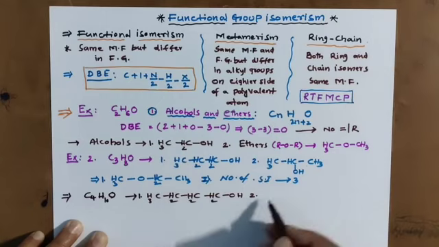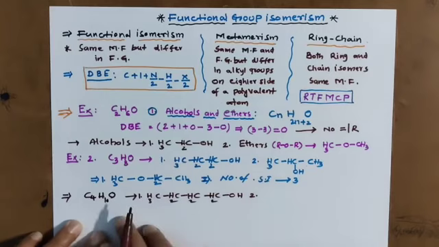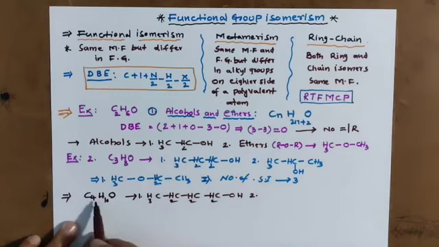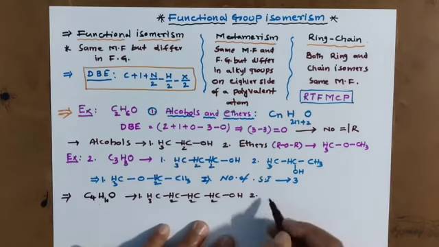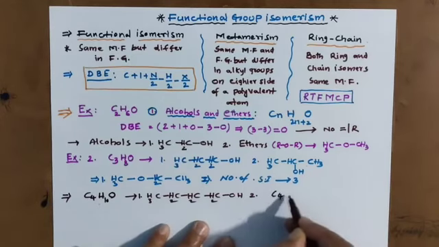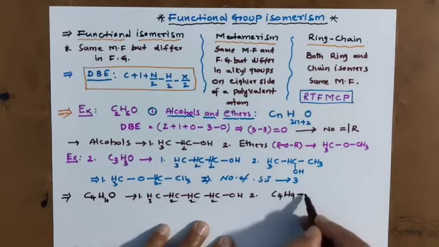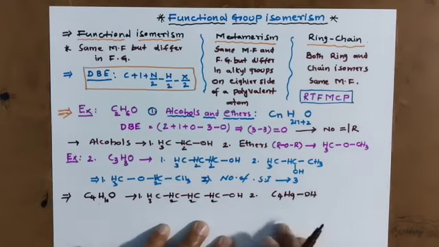Next we have the chance to draw another structure. And before going to that, we can write this. You have four carbons now. Here we have butyl group. So we can write this formula like this: C4H9OH.